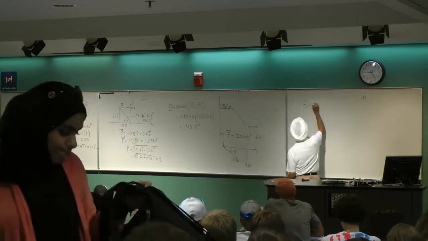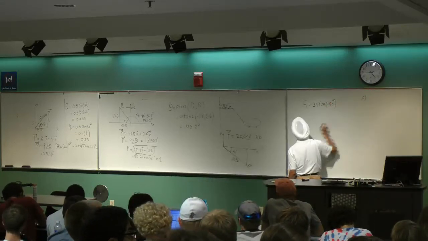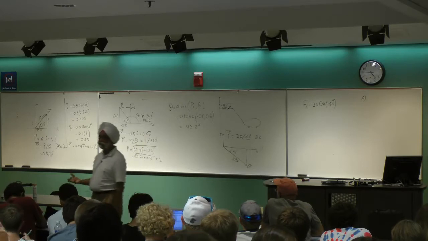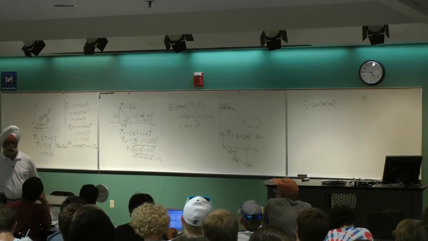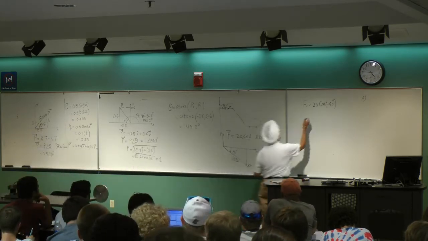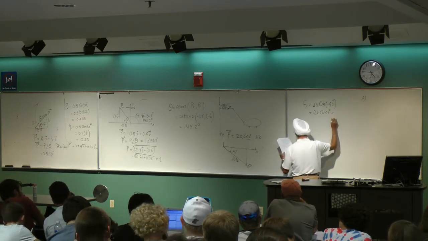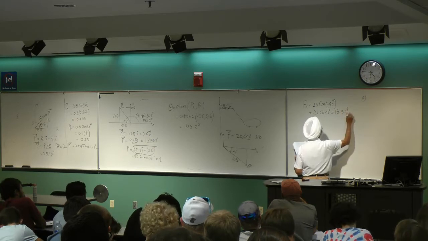So we'll say 20 cosine of minus 40 degrees, right? The angle is minus. You know cosine of minus theta is the same as cosine theta, so in this case it better be positive, right? So this is 20 cosine of 40 degrees. I know my time is almost up. So this comes out to 15.32 pounds.